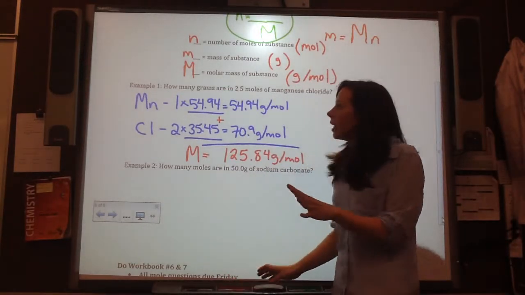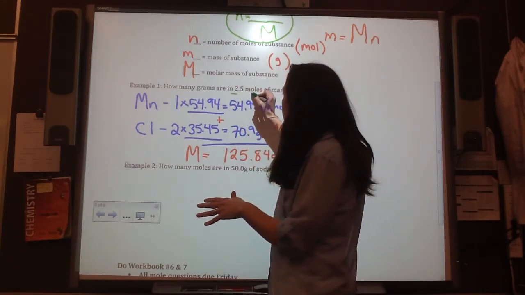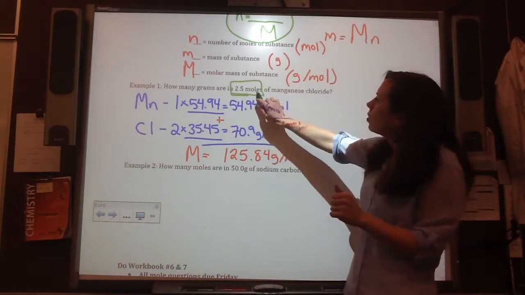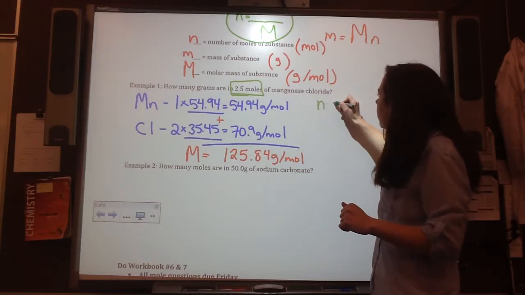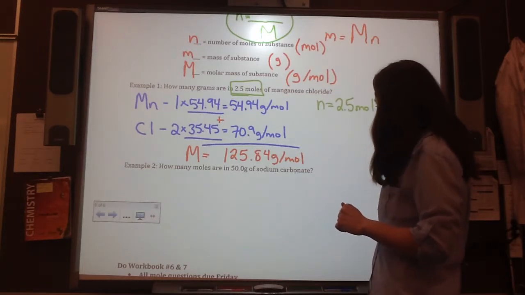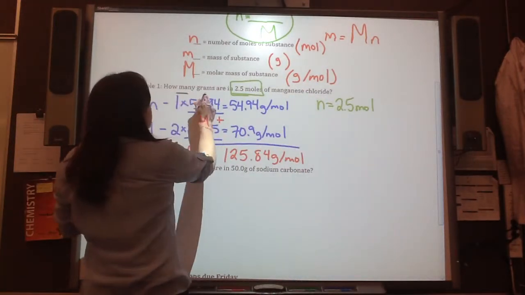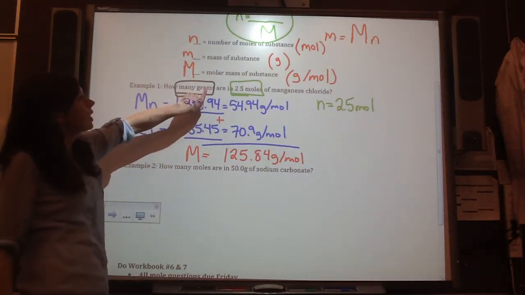But then we were given another piece of information. We were given how many grams are in 2.5 moles. So moles, that was little n, or just n. So n is equal to 2.5 moles. And when it says how many grams, you need to think, okay, what is in the units of grams?